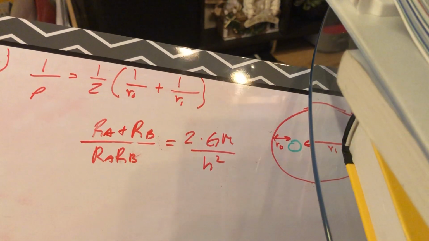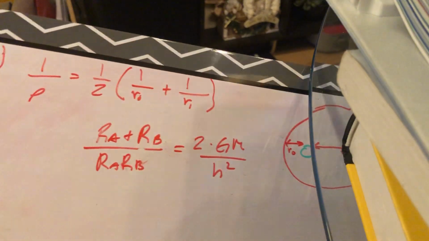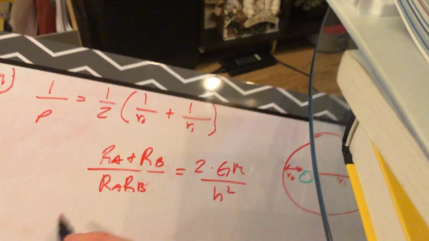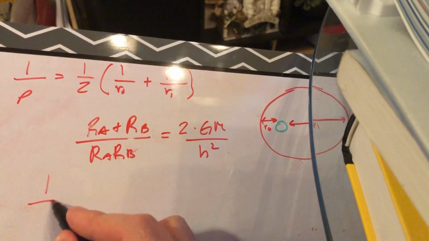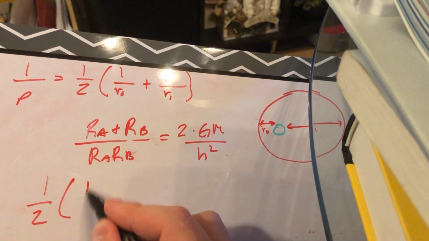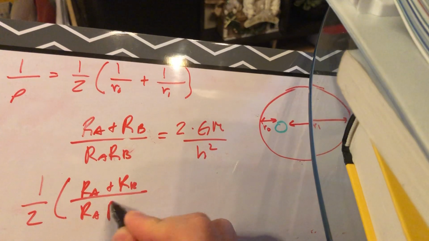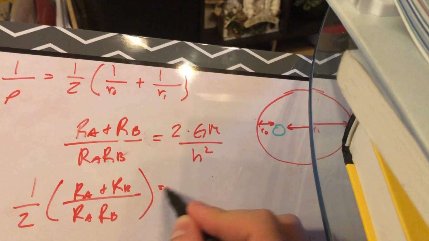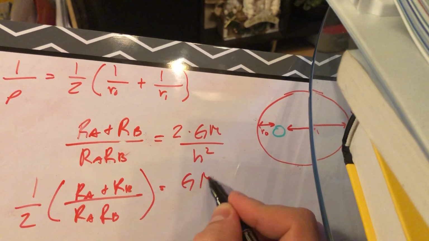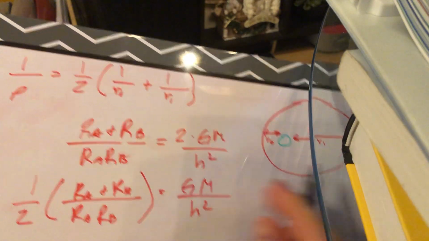Okay. So, divided by 2, and then we have one half, RA plus RB over RA RB, equal to the gravitational constant times mass over angular momentum.